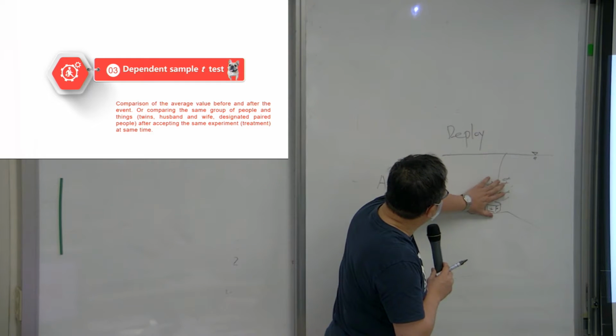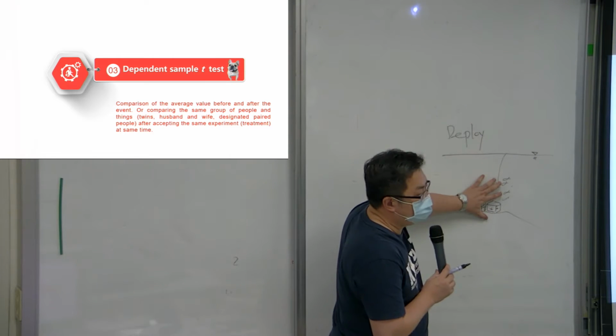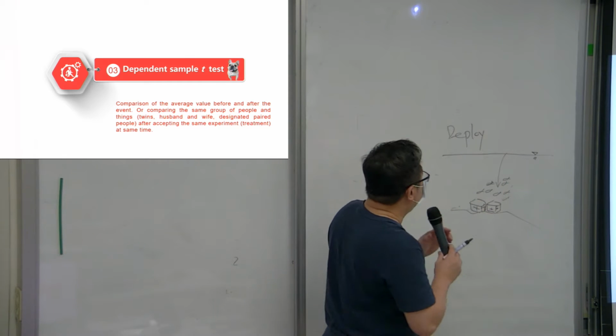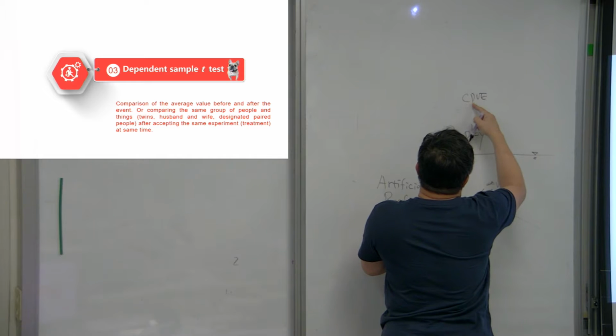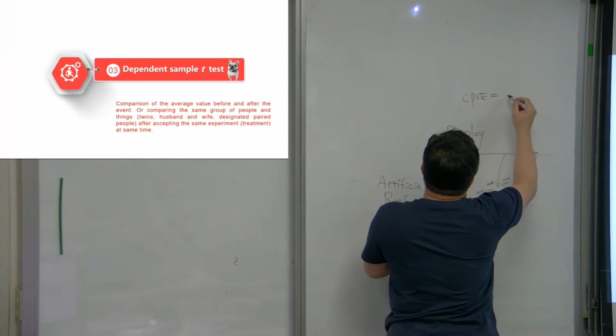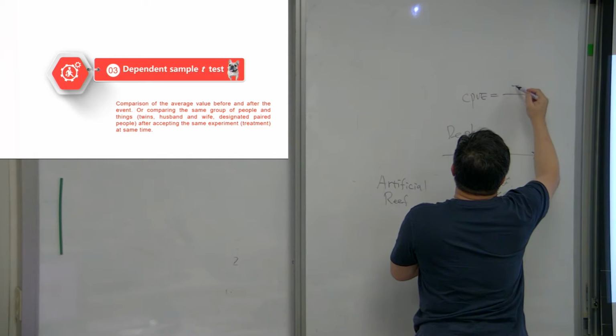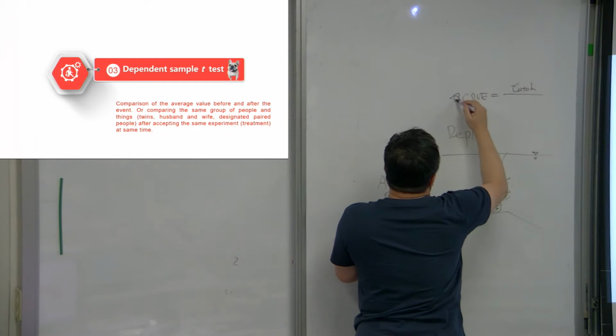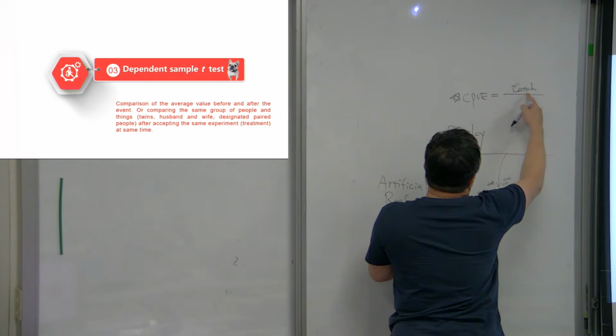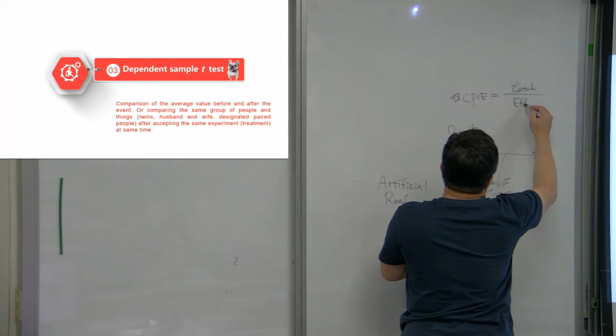Before deploying the artificial reef, you can measure the CPUE, catch per unit effort. CPUE is equal to catch per effort.